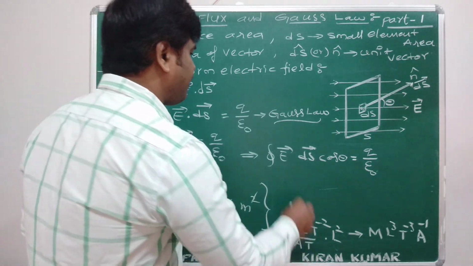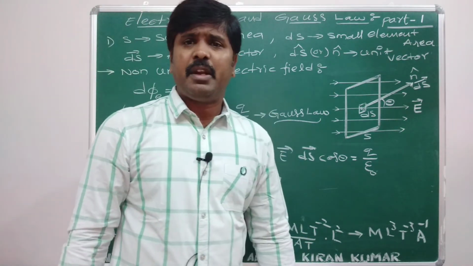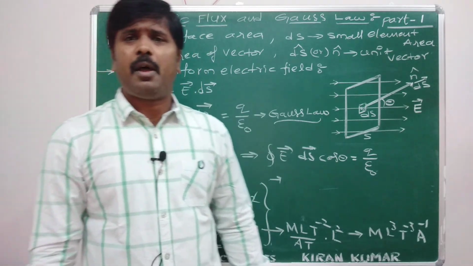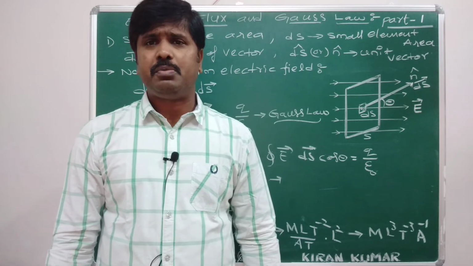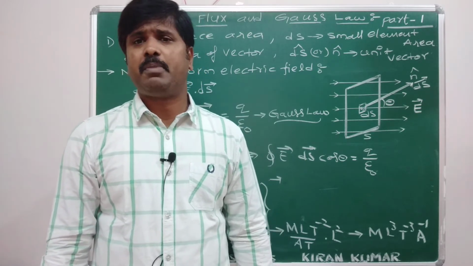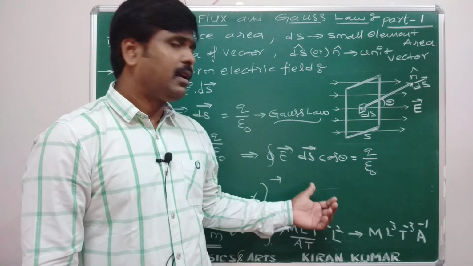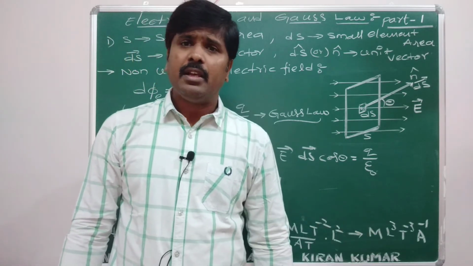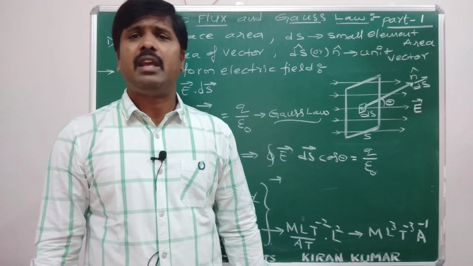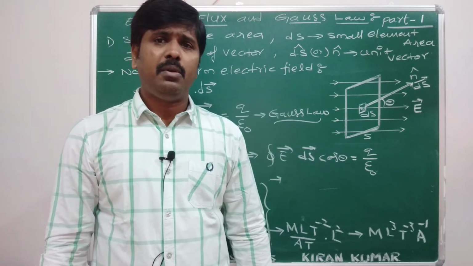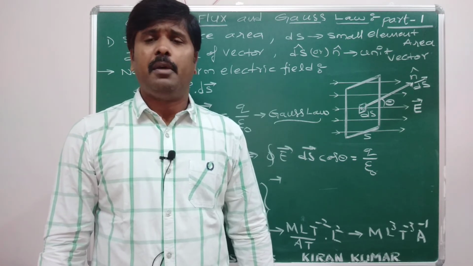In applications of the Gauss law, first, it is applicable for symmetrical substances. Coulomb's law is only for point charges, uniform distribution of point charges, and the law of superposition of point charges. But Gauss law is applicable for symmetrical substances, and it is also useful to find the electric field intensity for uniform and non-uniform charged material.